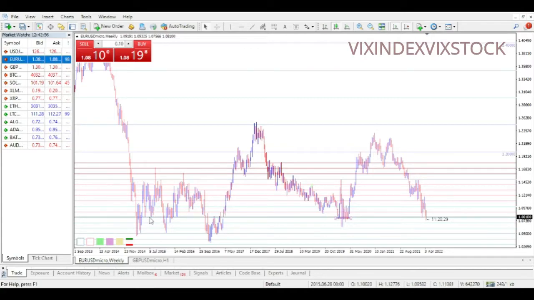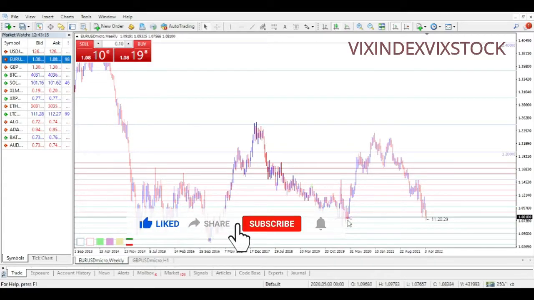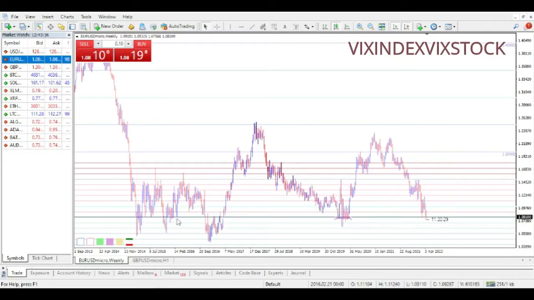But otherwise, it's a level that we have actually been playing around for a long time. From there, you can get the picture on higher time frames. If you cannot see what I'm showing you, go onto your charts, Euro USD weekly time frame. You'll be able to see what I am talking about.